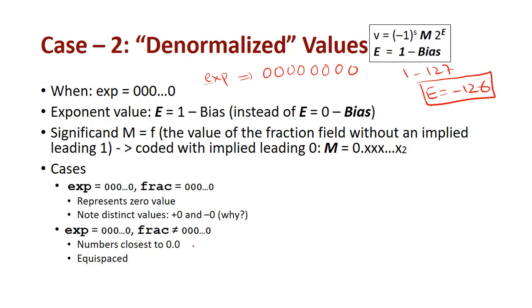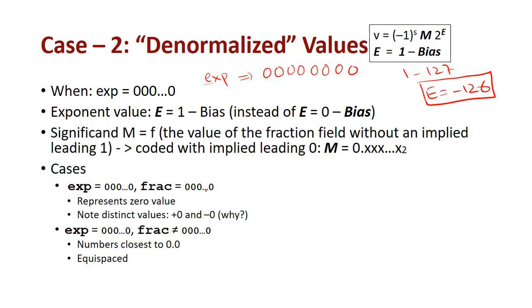Okay, now the cases. There are two. You know that the exponent part will be 0, so the only thing left is the fractional part. It can be 0 or it cannot be 0. 0 means all the bits are 0, and if it is not 0, it means that any of the 23 bits is not 0.